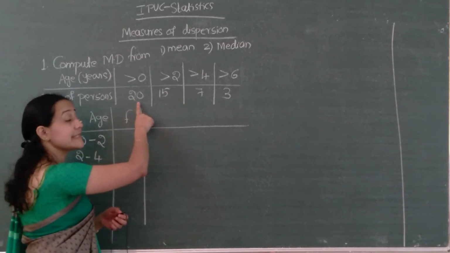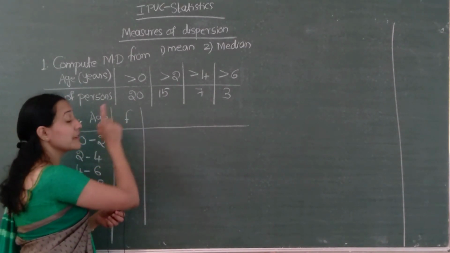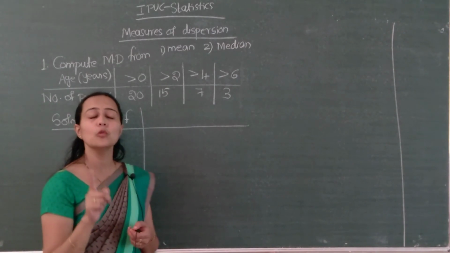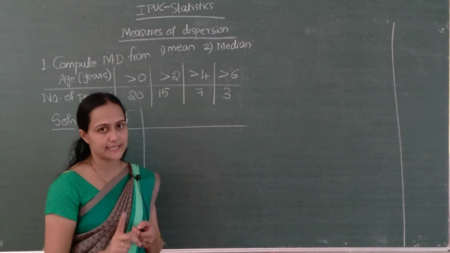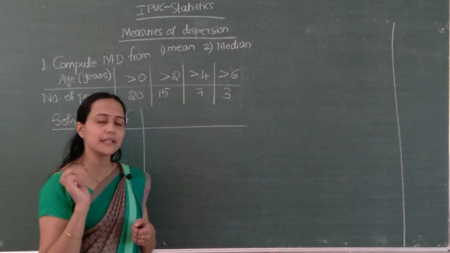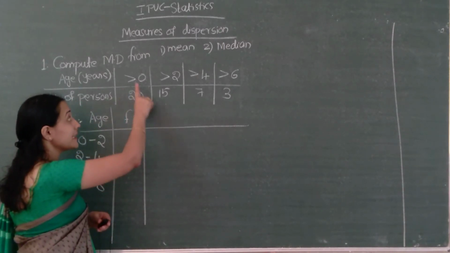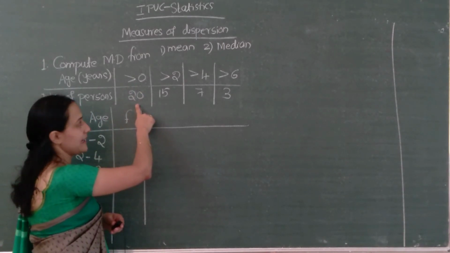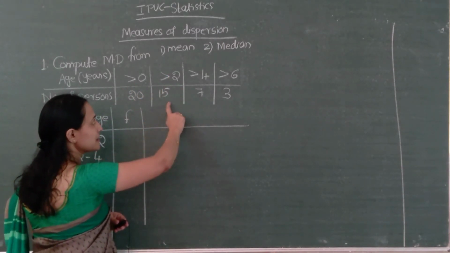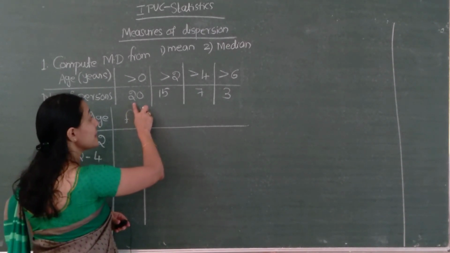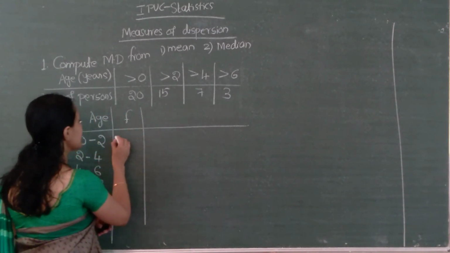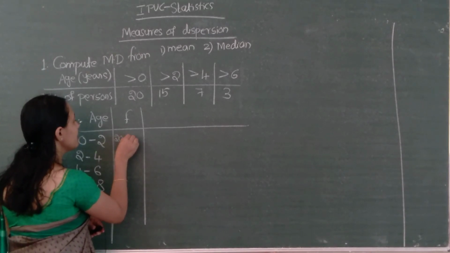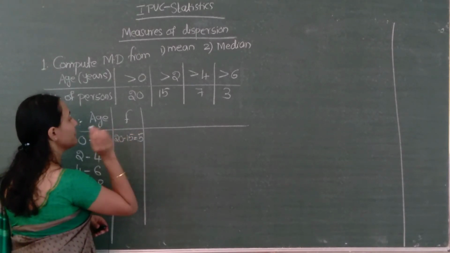Next, these are not frequencies, I told you, these are more than cumulative frequencies. First convert them into frequencies. Greater than 0 this many observations are there, greater than 2 this many. So the first frequency won't be 20, it is 20 minus 15, that is 5.